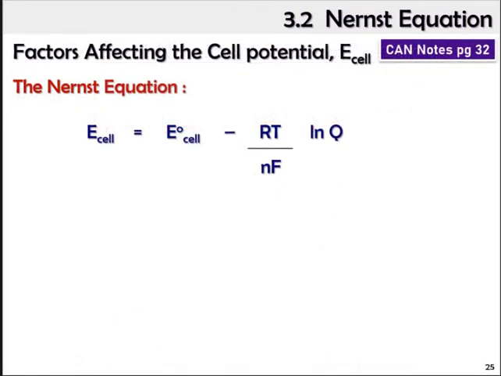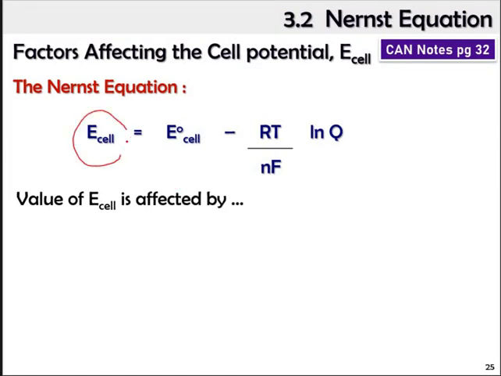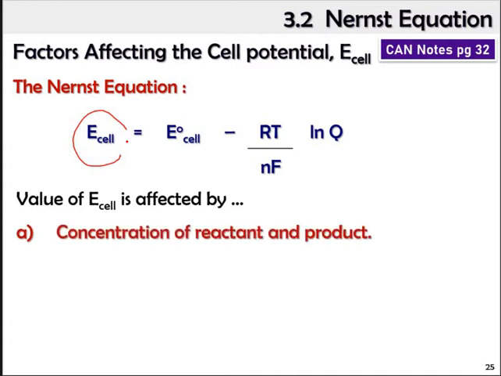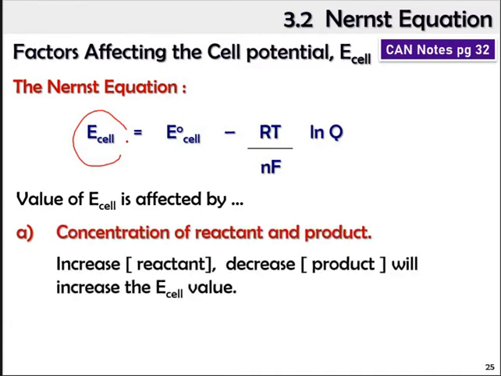Okay, now kita tengok what are the factors that affect the cell potential, E cell, from the Nernst equation. So value of E cell is affected by, first, concentration of reactant and product. Increase the reactant or decrease the product will increase the E cell. Apa kaitan E cell?